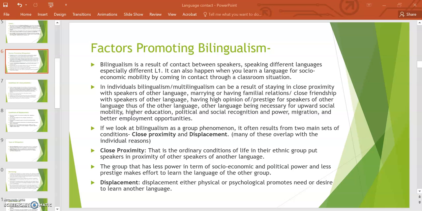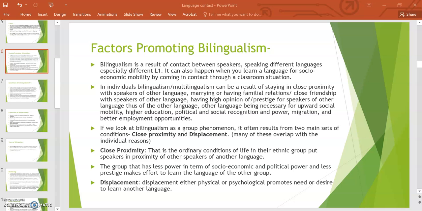So, ordinarily, the way you are living, you come in contact with speakers of other language and you have to live in close proximity of the speakers who speak another language. So in such situation, the group that has less power in terms of socio-economic and political power and less prestige makes effort to learn the language of the other group.